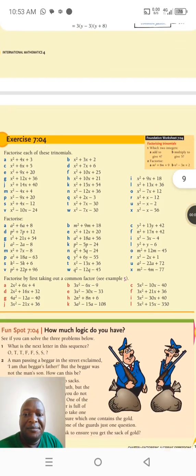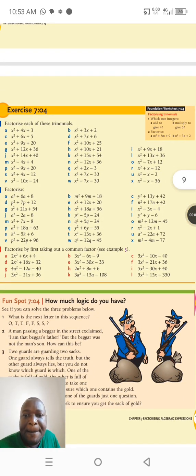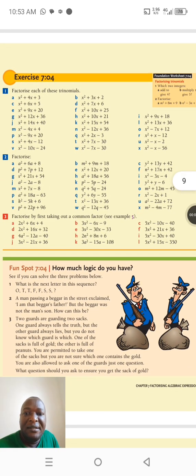So what follows is the exercise for you to attempt. Question 1 reads, factorize each of these trinomials. So work through from 1a up to 1x.